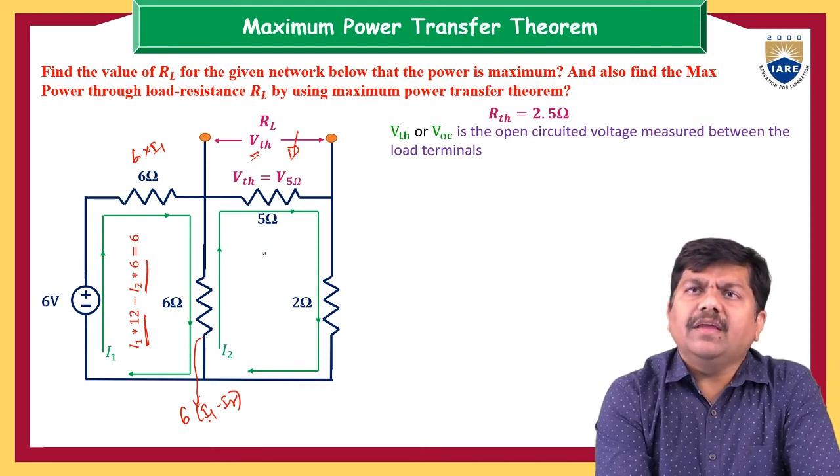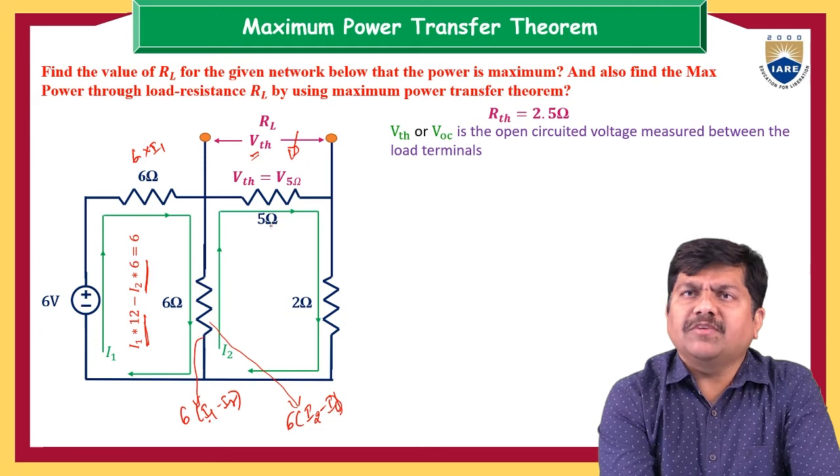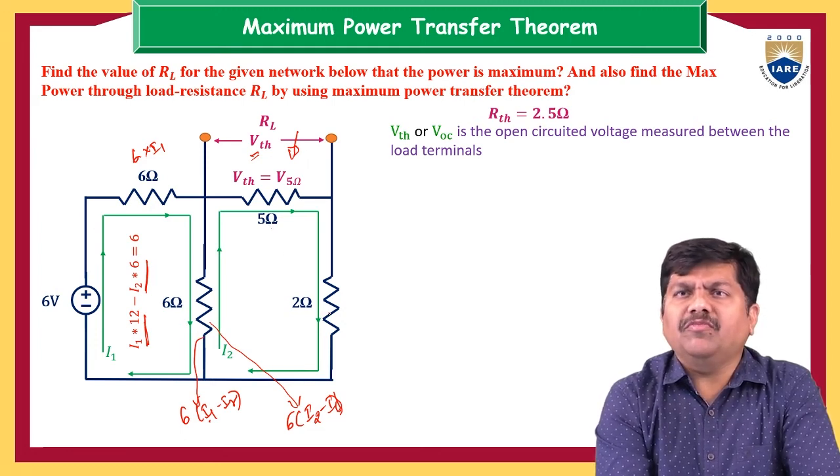Similarly, if you come back to the second loop, the drop across this 6 ohm resistor is 6 of I2 minus I1, because we are working in the second loop, so priority will be given to the second current. So 6 of I2 minus I1, and the drop across this 5 ohm is 5 times I2, and the drop in the 2 ohm resistor is 2 times I2.